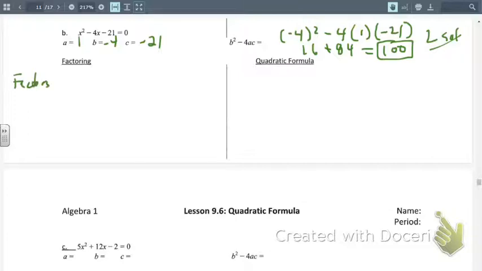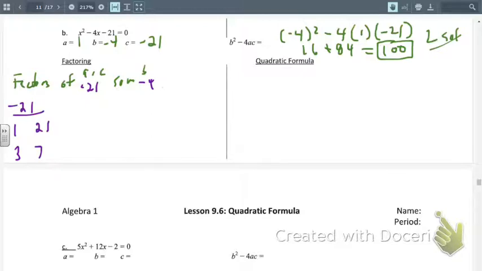So let's factor. We're looking for factors of a times c, so negative 21, that sum to b, negative 4. Factors of 21: 1 and 21, 3 and 7.